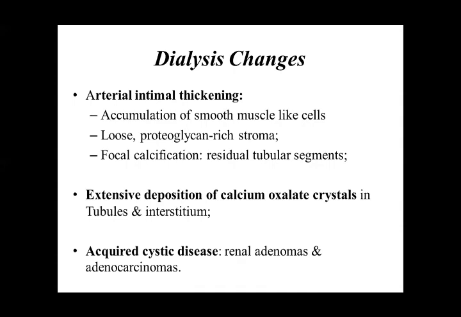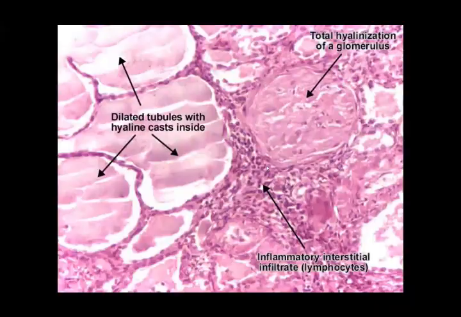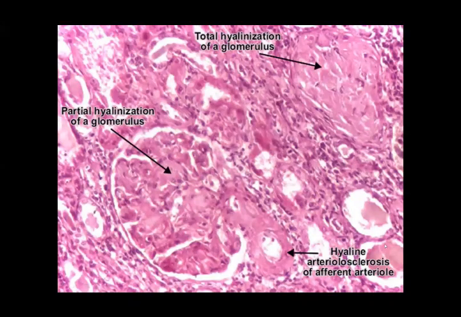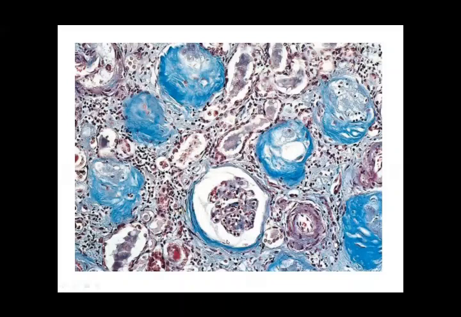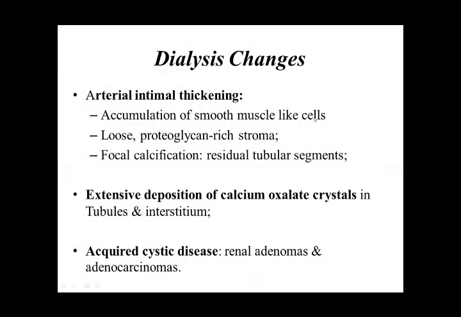And what happens to the arteries? Smooth muscle-like cells come in, loose proteoglycan-rich stroma, focal calcification, residual tubular segments. Let me show you that. This is the artery, and there is hyaline arteriosclerosis of the efferent arterioles. We talked about accumulation of smooth muscle-like cells.